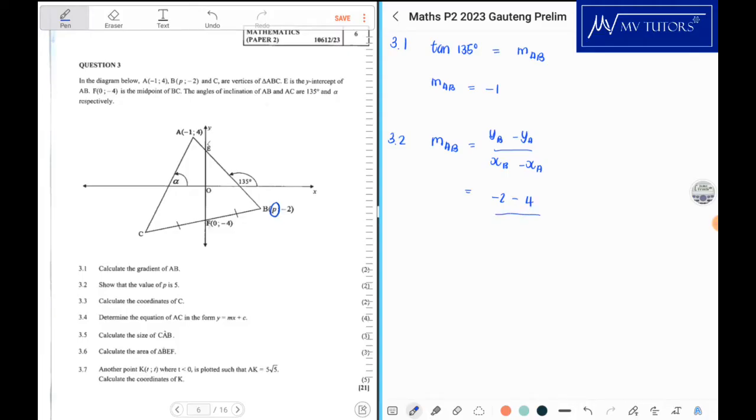The x-coordinate of B is P, our unknown, and that of A is -1. And we know that our gradient is -1. If we simplify, we have -1 is equal to -6 all over P plus 1. If we take P plus 1 to the other side, I'm just going to leave it in its brackets, P plus 1 will be equal to negative 6 divided by negative 1, which is just 6. Therefore, P is equal to 5.